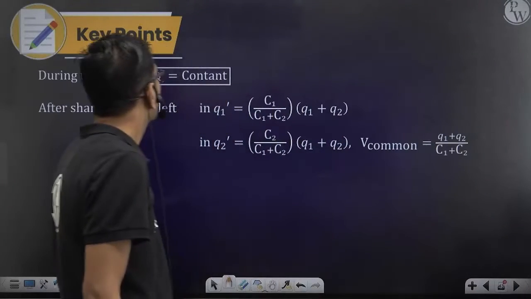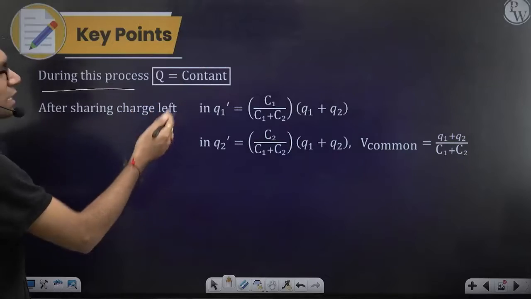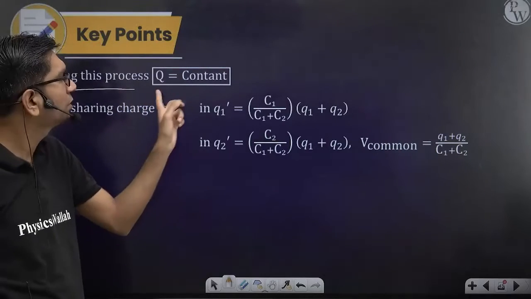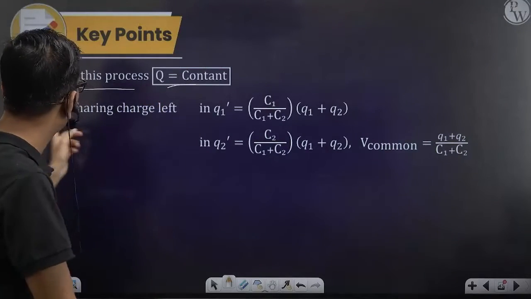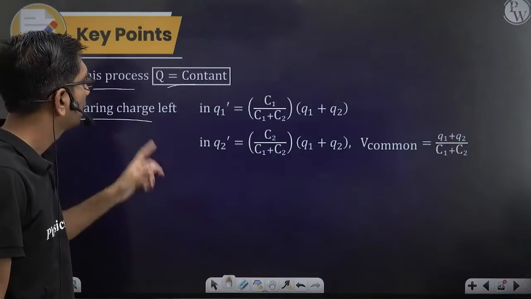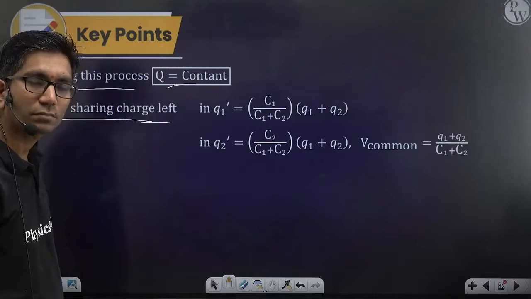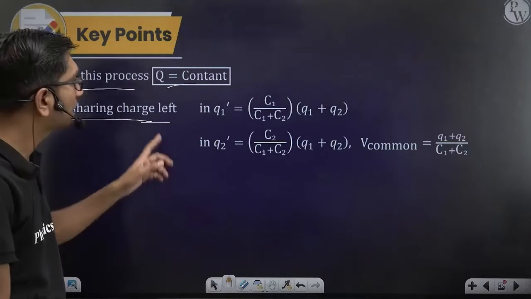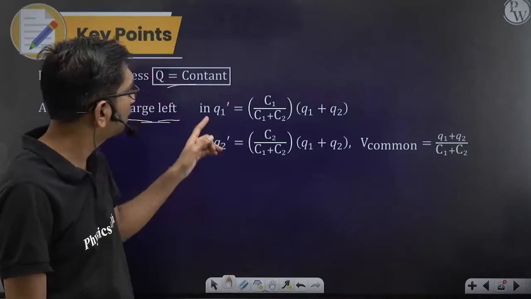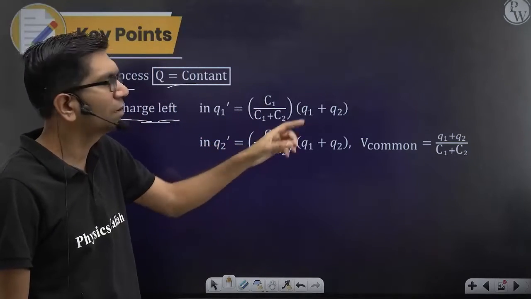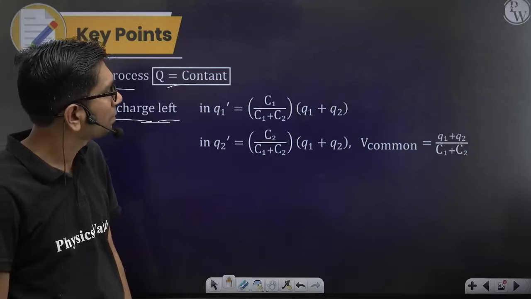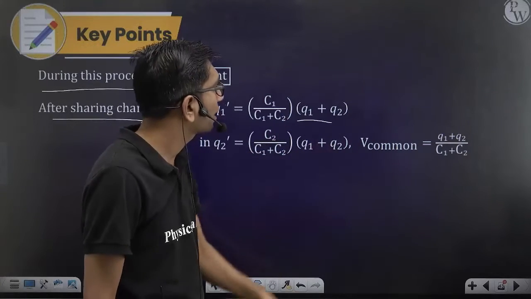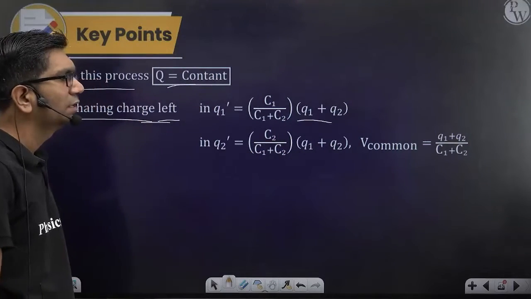So during this process, I told you, in battery connected and removed, charge remains constant. Remember, after sharing, the charge left. What is the charge left? Q dash equals V common potential, in bracket Q1 plus Q2.